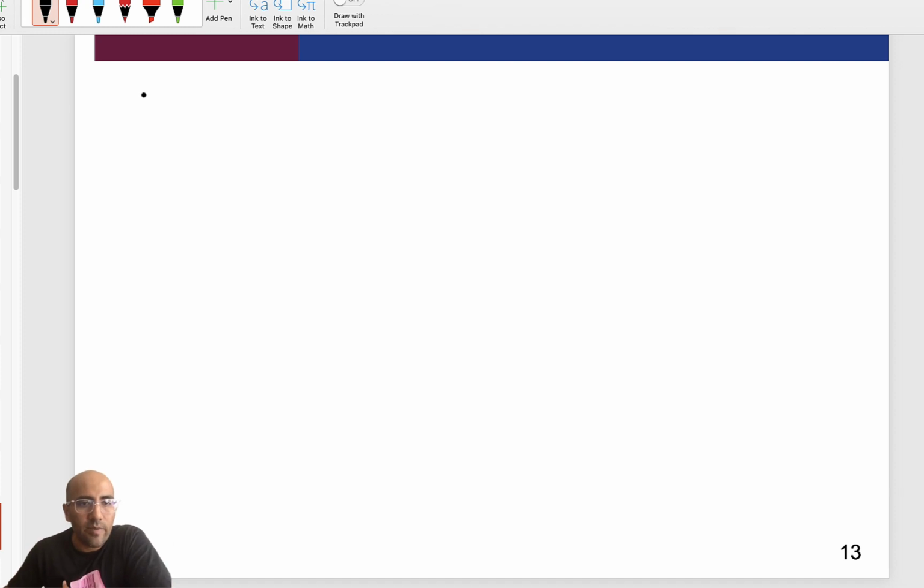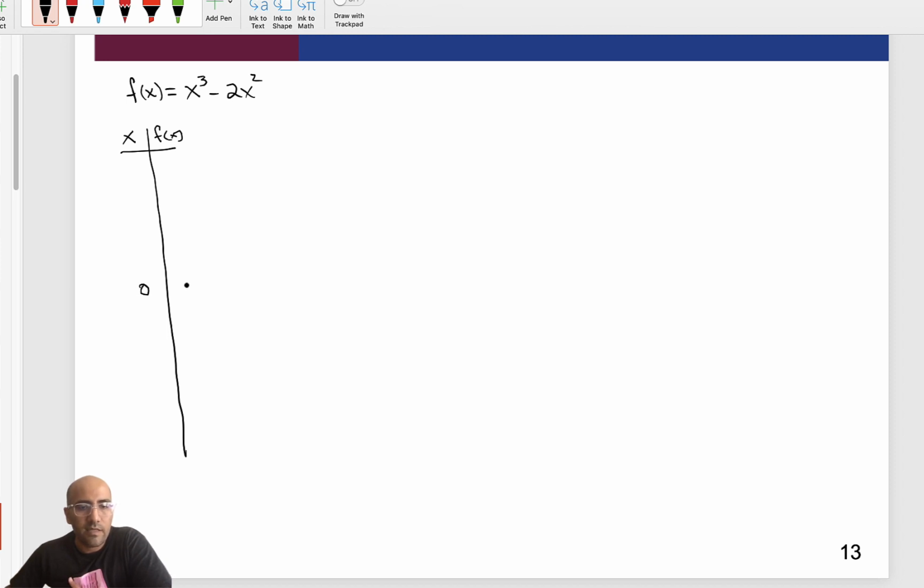Okay, so again, let's go back to our general function defined as f of x equals x to the third power minus 2x to the second power. Good. We already had a table of values for that from before, so let's just write some of those down. Okay, so 0 was super easy. That was just going to be 0 cubed minus 2 times 0 squared.